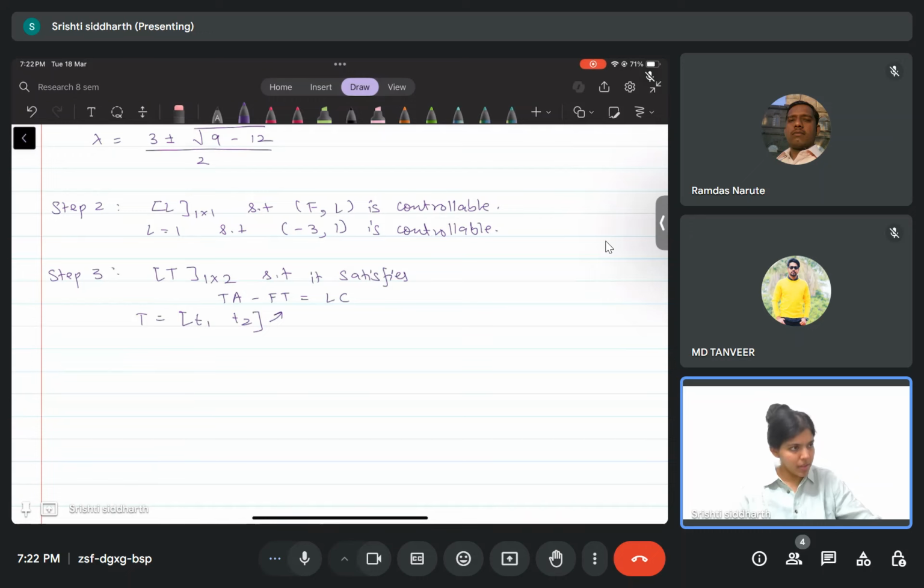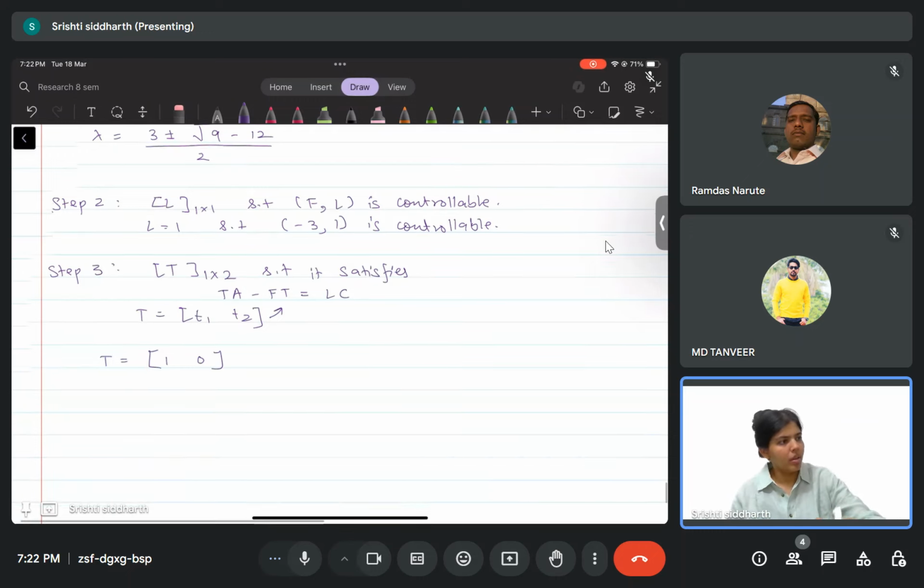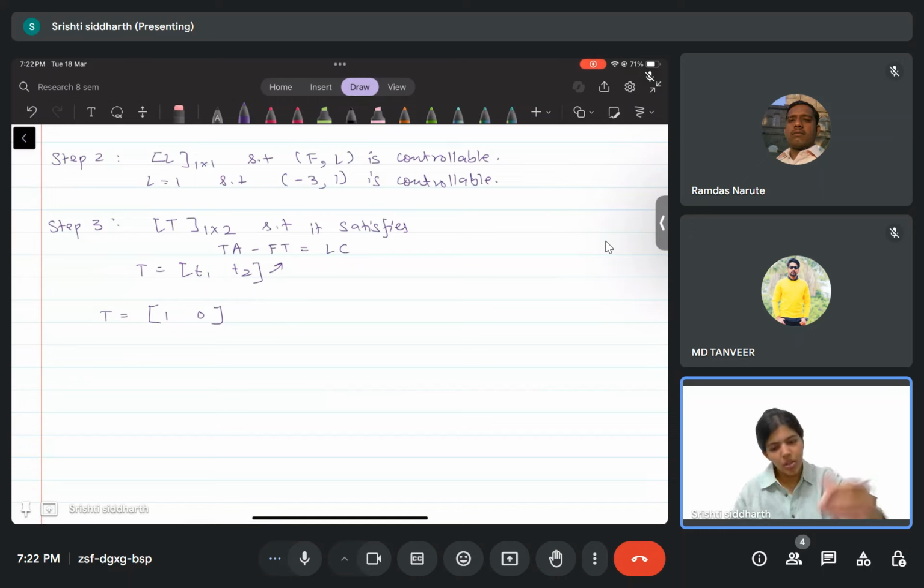I'm going to write this down directly. Matrix T comes out to be 1, 0. Next is step 4.